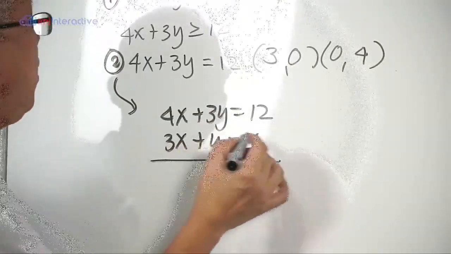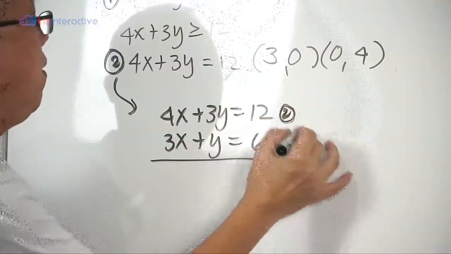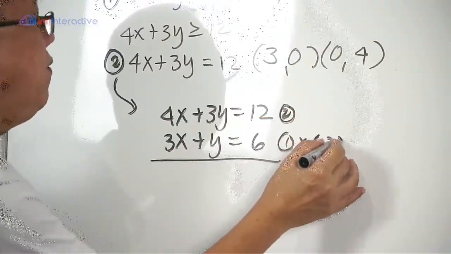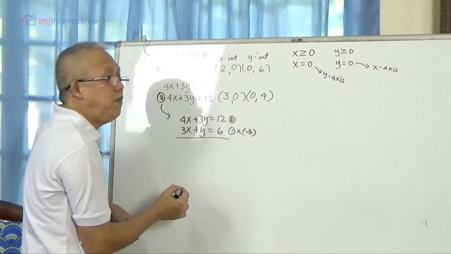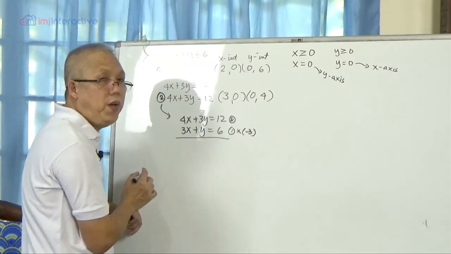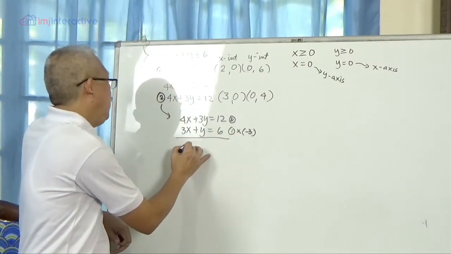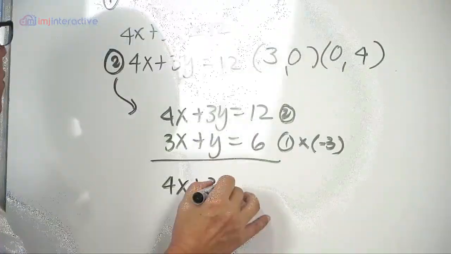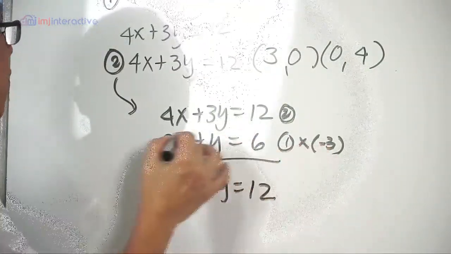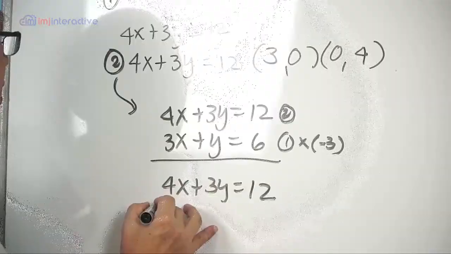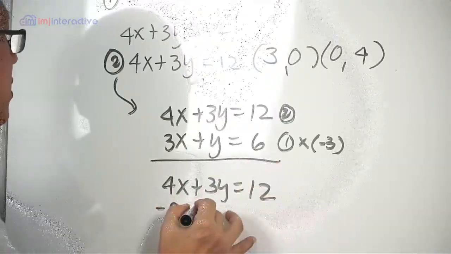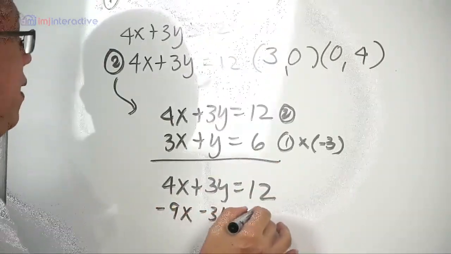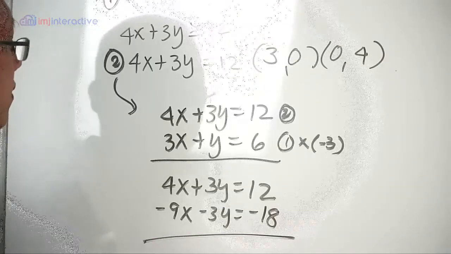So, multiply equation 1 by negative 3. Each term must be multiplied by negative 3. What about equation 2? Just copy equation 2. If you multiply this by negative 3, you will get negative 9x, negative 3y, negative 18.